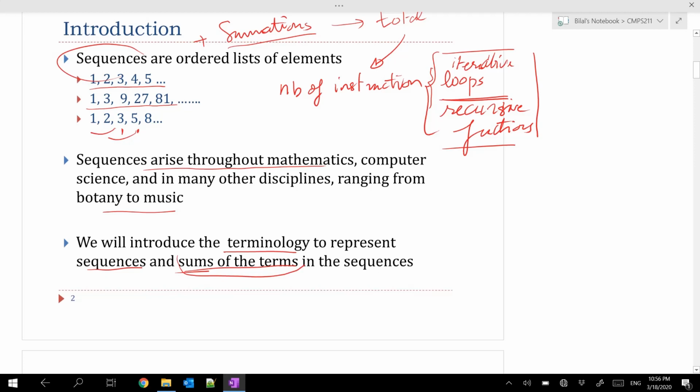I will give you the proof for one of them, but in the next chapter, which is proof by induction, we will be able to prove sums of terms of sequences using induction and strong induction in the chapter that follows it.